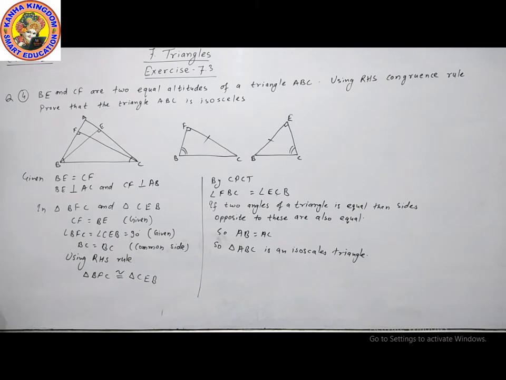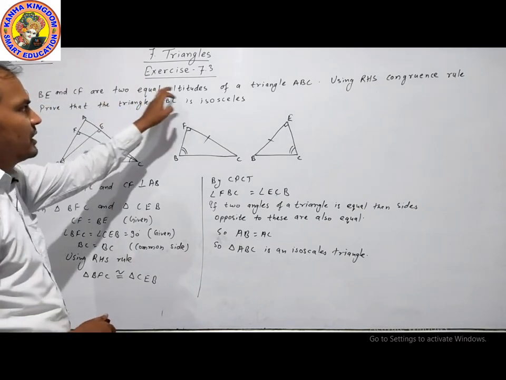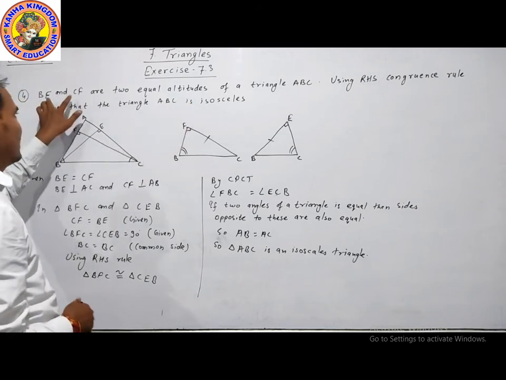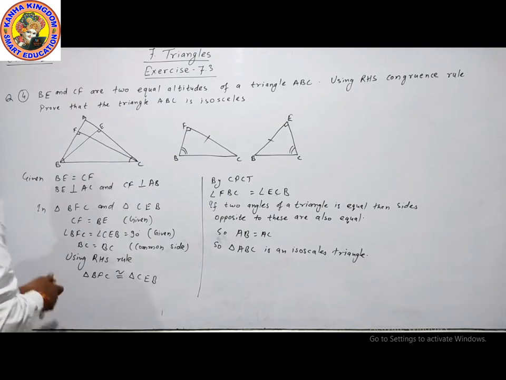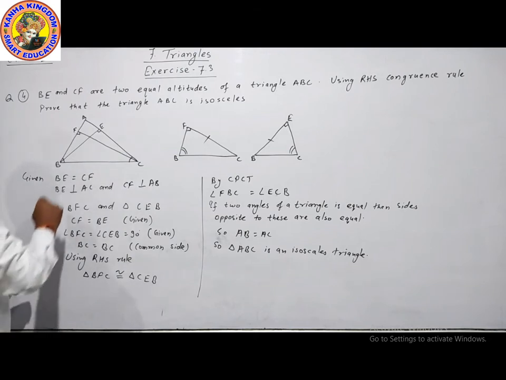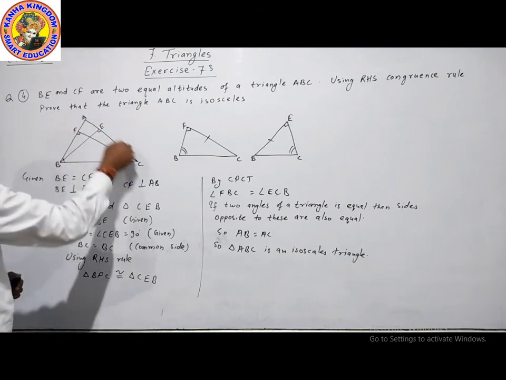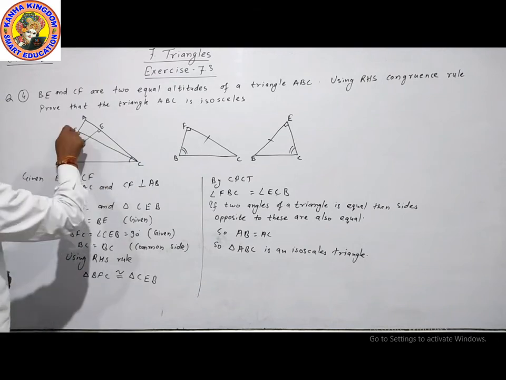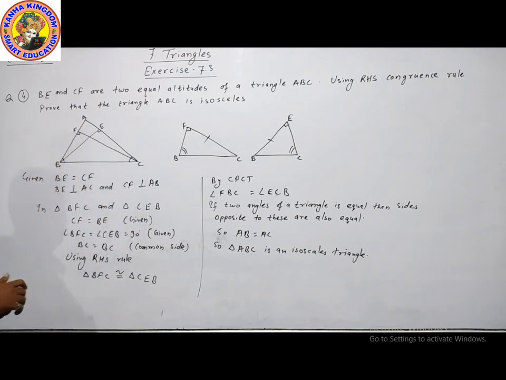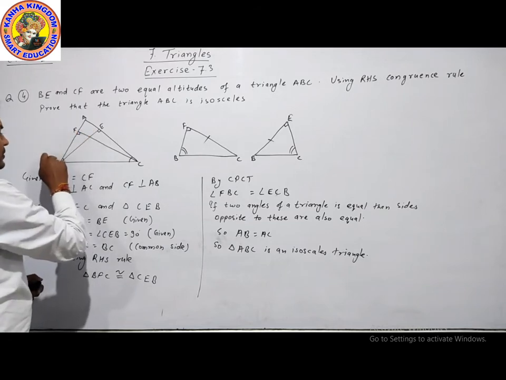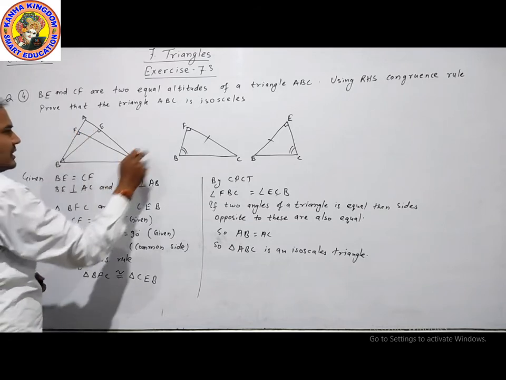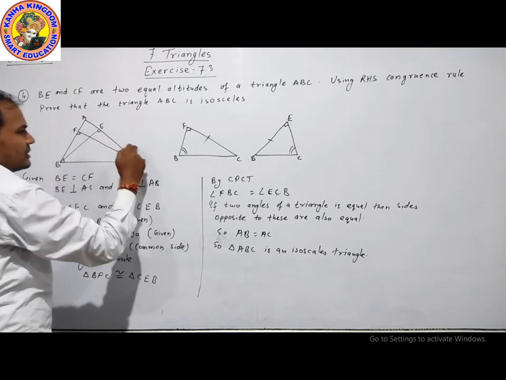Now take it from the beginning of the question. BE and CF are two equal altitudes. First of all, BE and CF are equal. Altitude means a 90 degree perpendicular line. BE is perpendicular on AC, CF is perpendicular on AB. Now take two triangles, the lower ones, BFC and BEC.